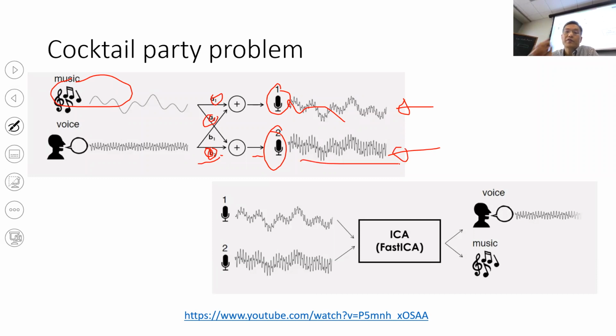For the ICA problem, you receive the signal from these two sampled signals, both of them mixed. What you want to do is decompose this mixture signal to reconstruct the original signals, one from the voice, one from the background music.